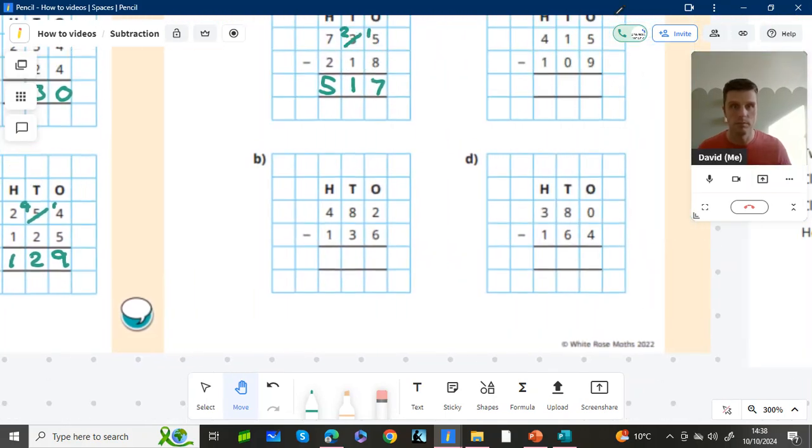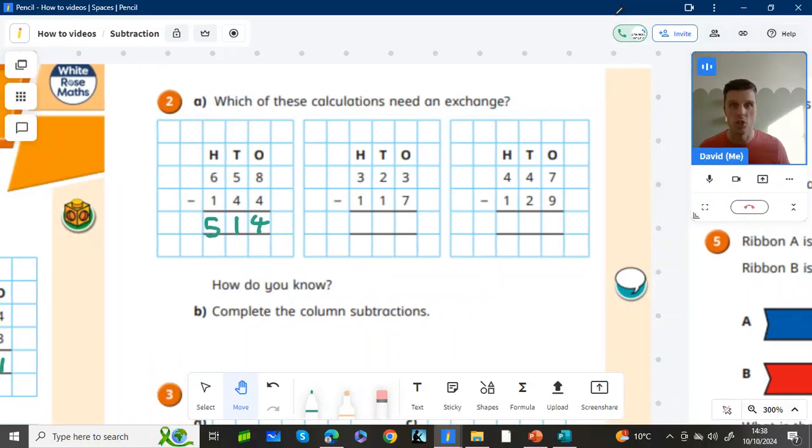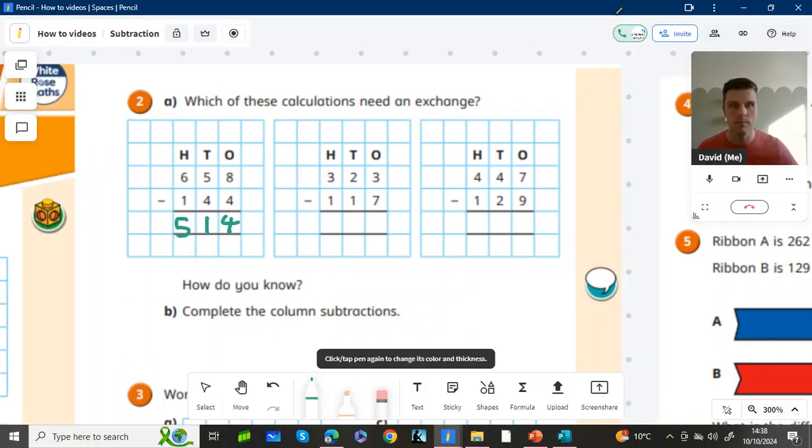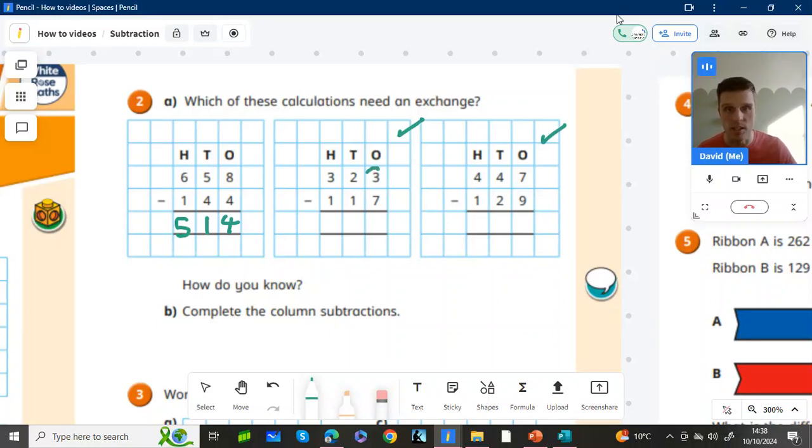so question 2. So I hope you spotted for A that this one and this one needs an exchange because these digits had the smaller digit on top with the bigger digit underneath.